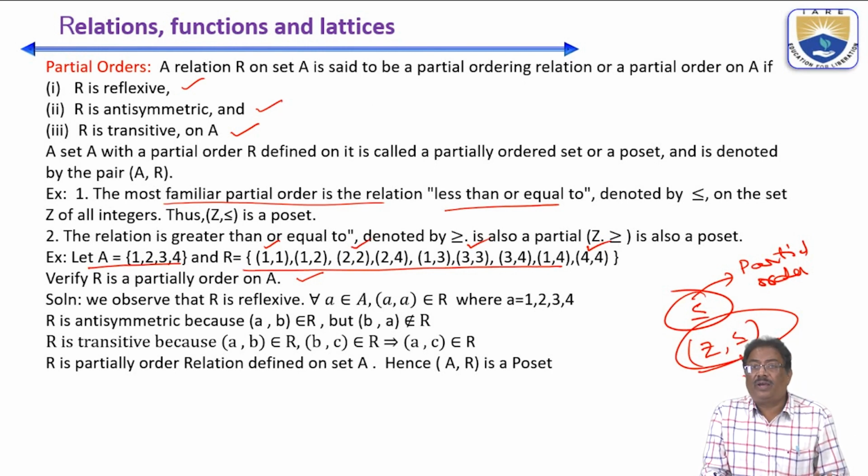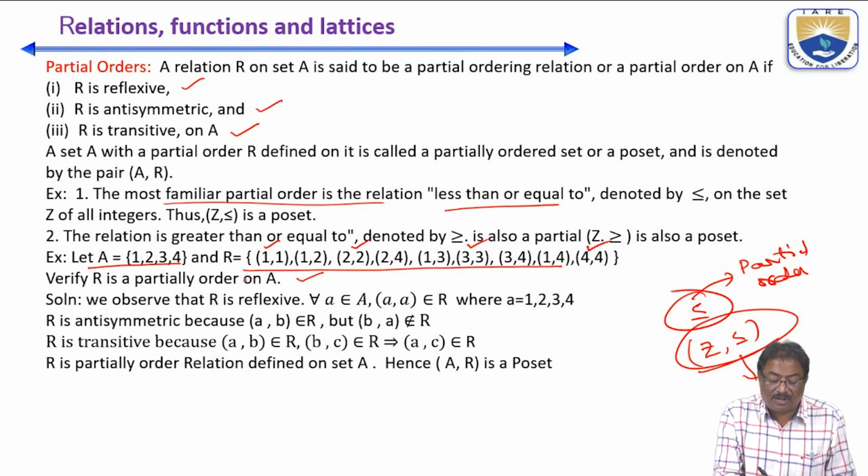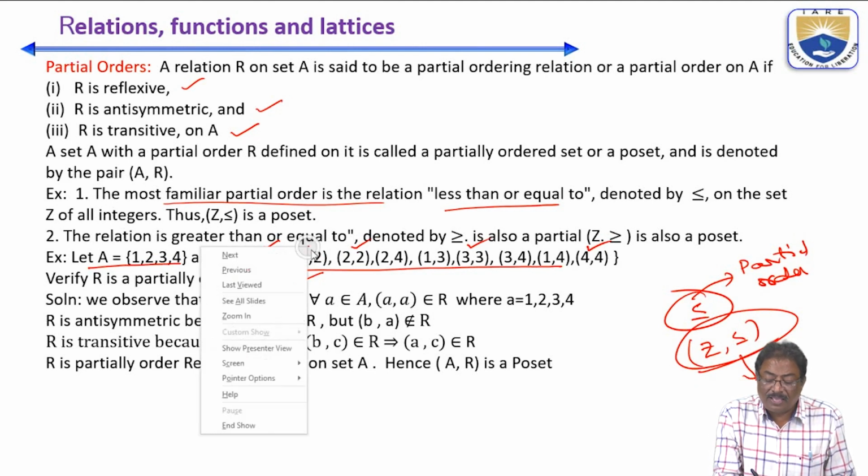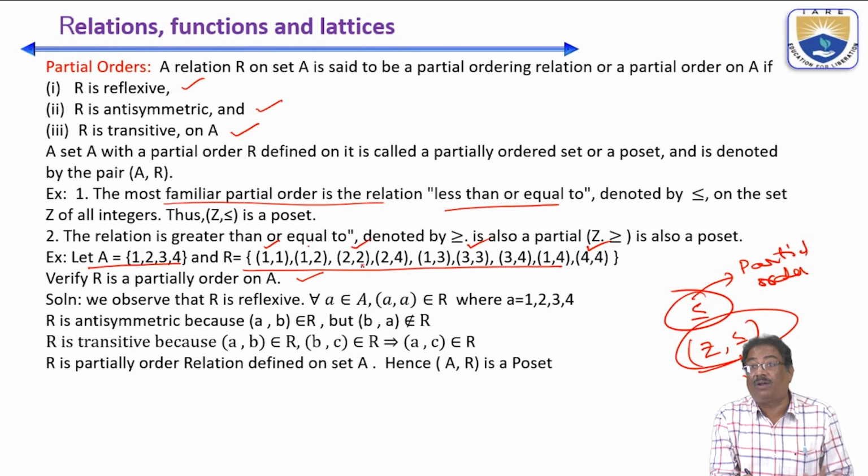Now we are going to verify whether it is antisymmetric or not. If A related B is there and B related A is there, then we verify whether they are equal or not.